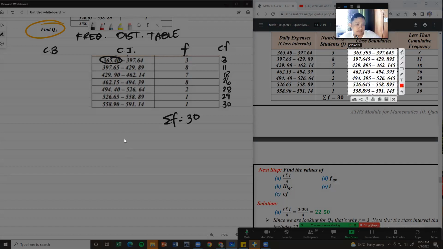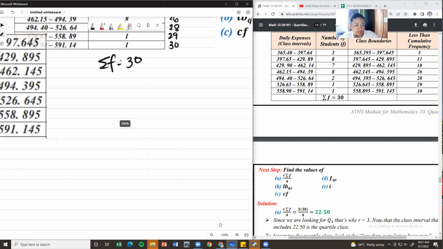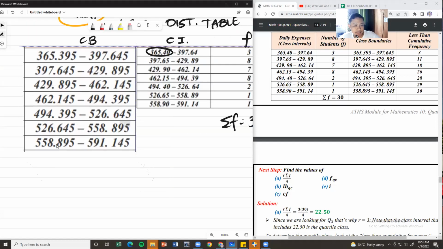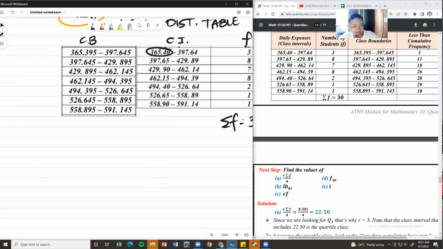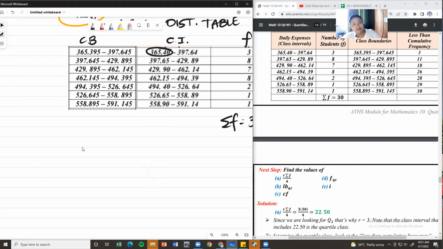Shortcut na natin, no? Para mabilis tayo. Ayan. So again, dito, dahil 2 decimal places na, this is negative minus 0.00 to take up these 2 regular decimal places. And then 5. And then dito naman, plus 0.005. Take note of that. And we got those class boundaries.